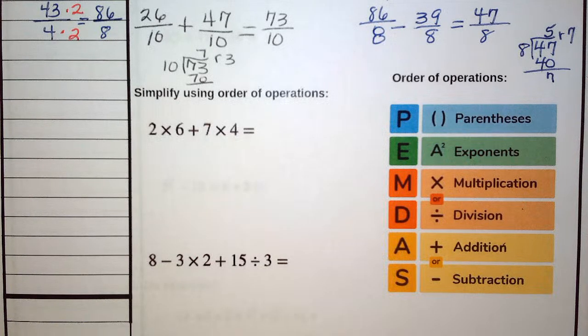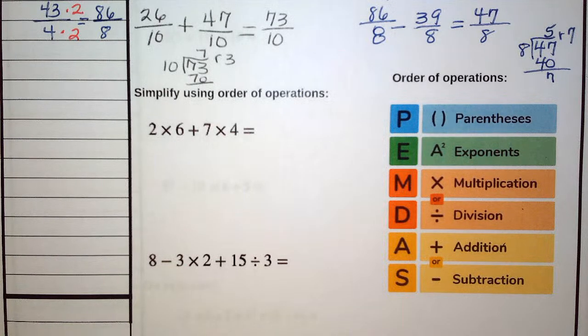All order of operations is, it tells us in what order we perform our mathematical operations. The mathematical operations are add, subtract, multiply, divide, exponents, and parentheses. Exponents and parentheses are not operations, but they're also brought into how we solve problems.